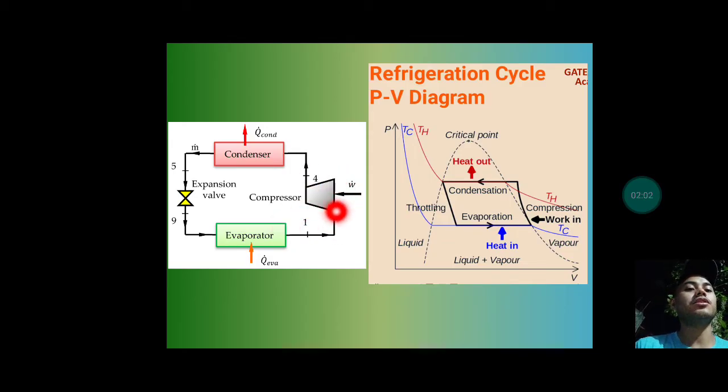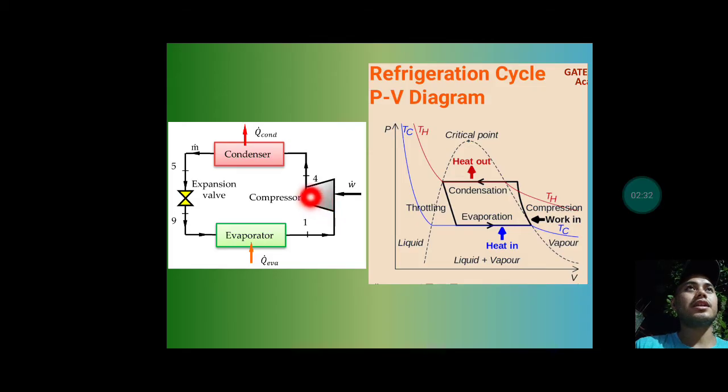Since liquid is not compressible, the compressor only compresses the gas phase of our refrigerant. So the compressor compresses the gas refrigerant.